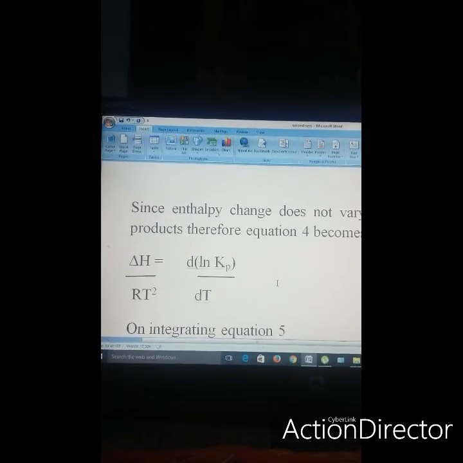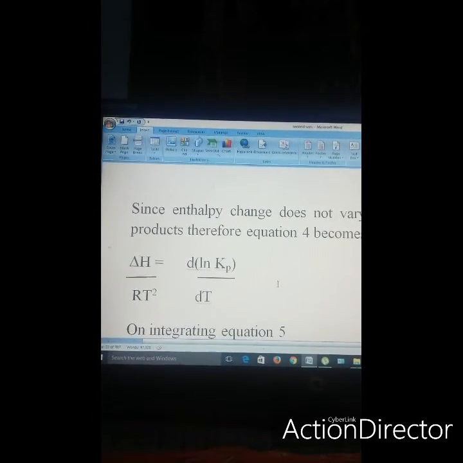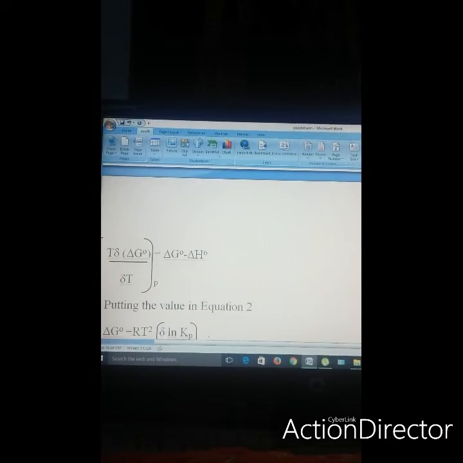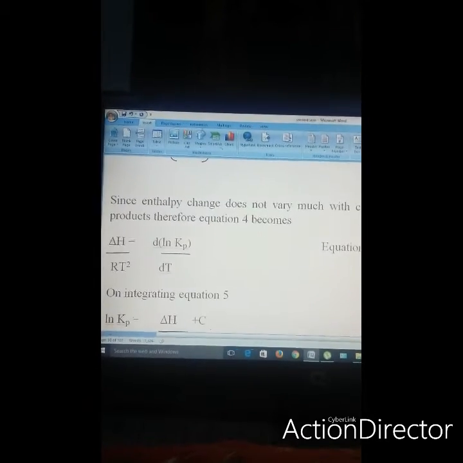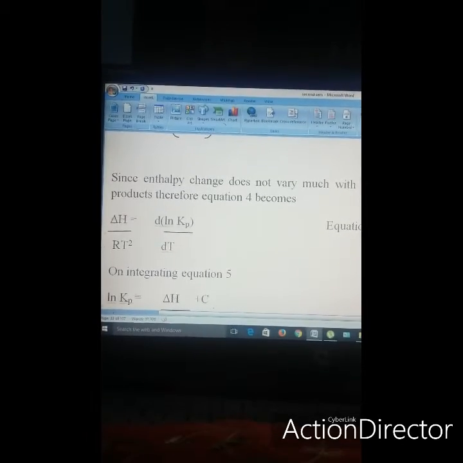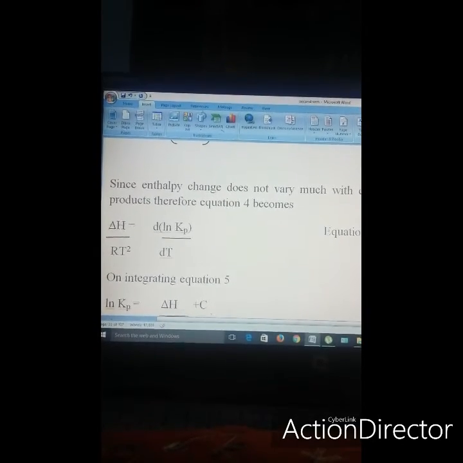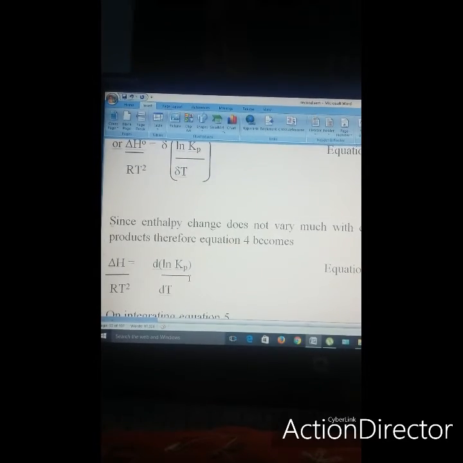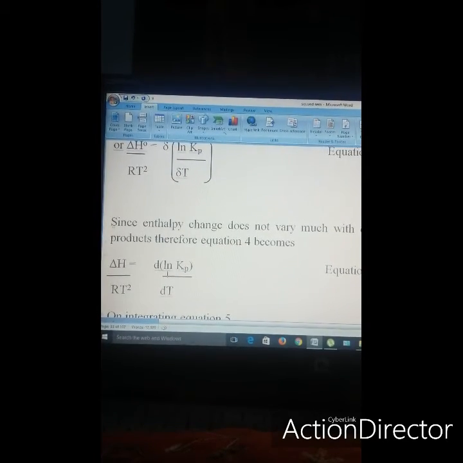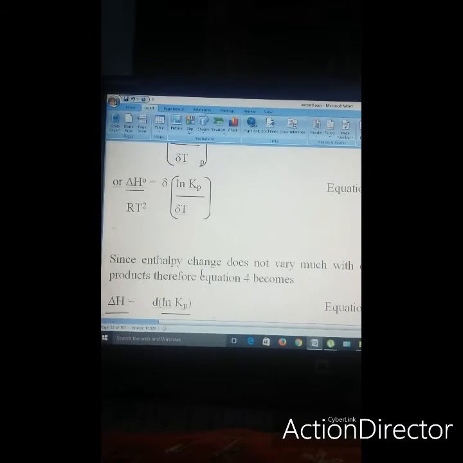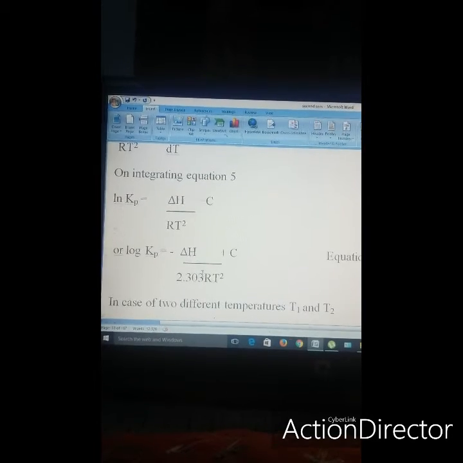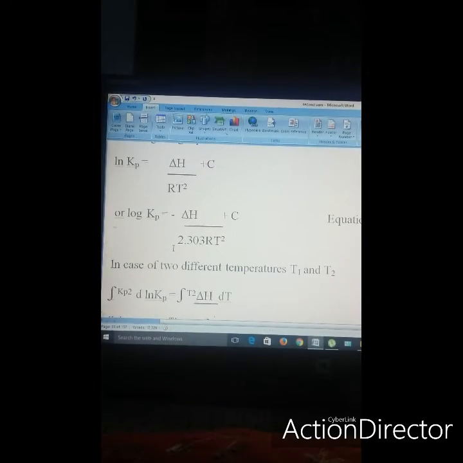Now since enthalpy does not vary much with change in partial pressure, therefore the equation will become this equation, that will be delta H upon RT squared is equal to d by dT of natural log Kp. And when you integrate it, this will be the final equation.